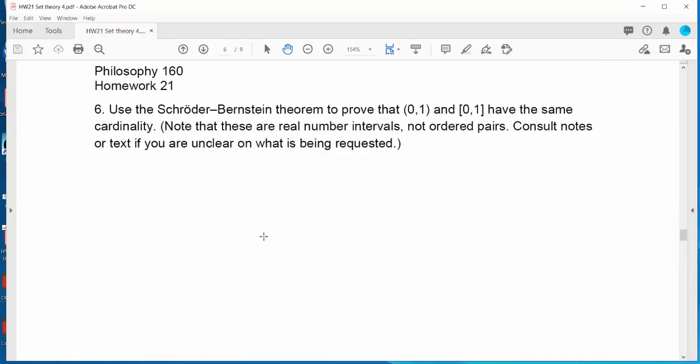So when we're asked to determine whether the open interval from 0 to 1, and remember that means not including 0 and 1, has the same cardinality as the closed interval 0, 1, which does include 0 and 1.